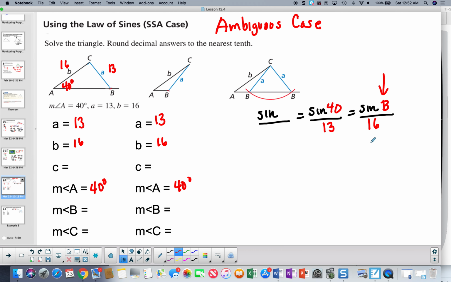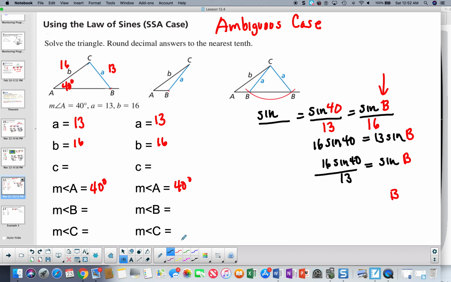Okay, so let's go ahead and cross multiply, and that'll be 16 sine of 40 is equal to 13 sine of angle B. Okay, I'm going to divide both sides by 13. So I have 16 sine of 40 all over 13 is equal to the sine of B. Now, to get B, we're going to have to do that inverse business.